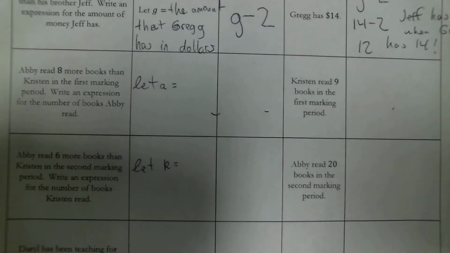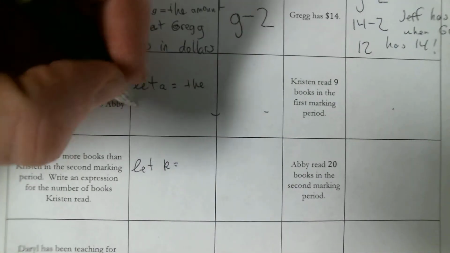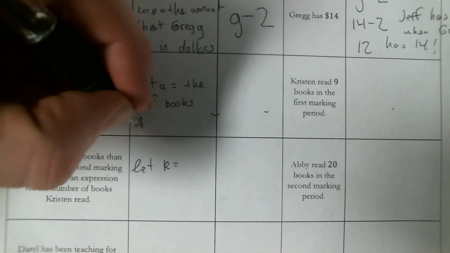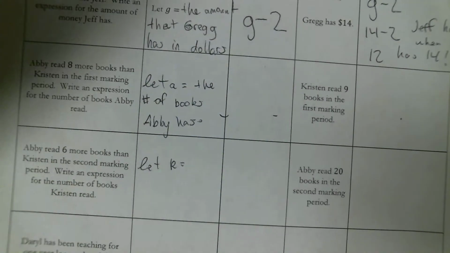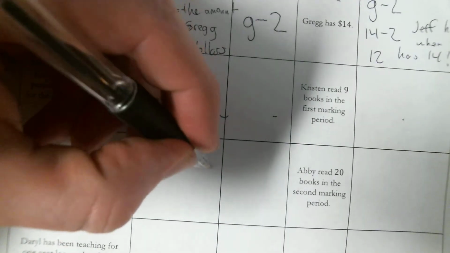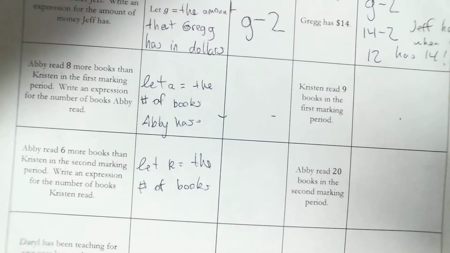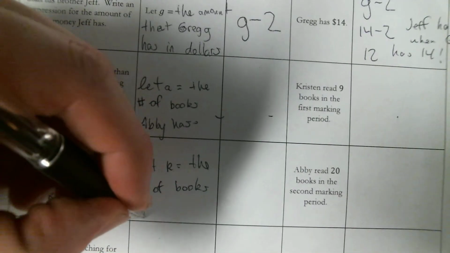All right, so when I take a look here, I'm going to say let A equal the number of books Abby has, compared to let K be the number of books Kristen has.